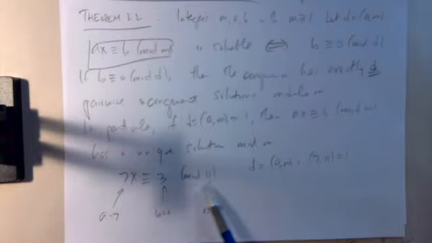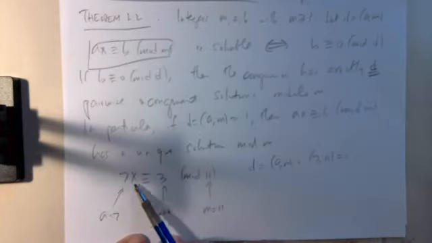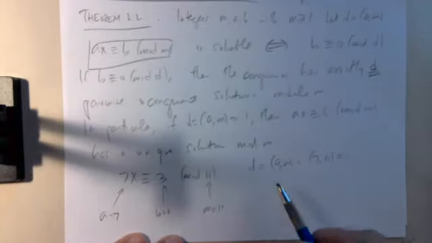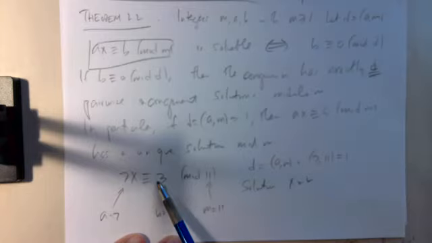So this congruence has a unique solution modulo 11. So if 7x is congruent to 3 mod 11, one solution is x equals 2, because 14 minus 3 is 11.